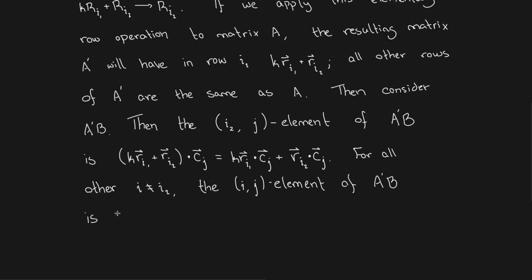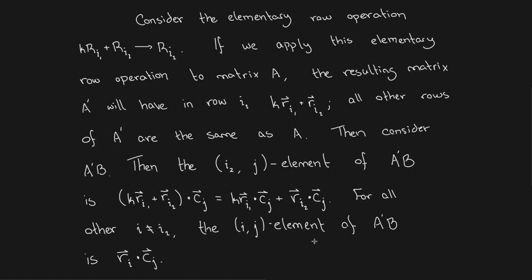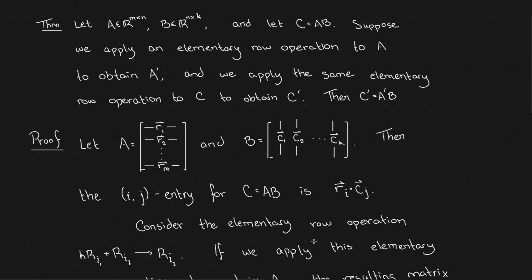It's still just the dot product of the ith row with the jth column.